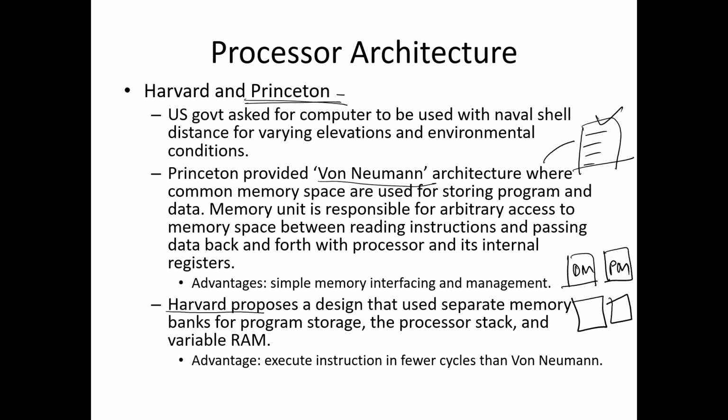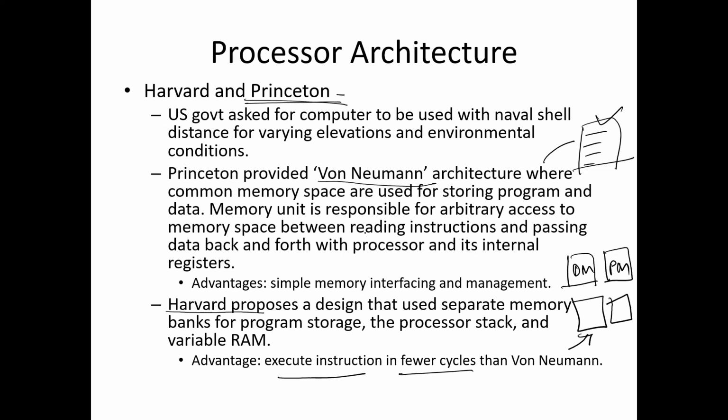So what is the advantage and disadvantage of these two architectures? In Harvard architecture, though this architecture is a little bit complicated, less time is needed to access the memory.